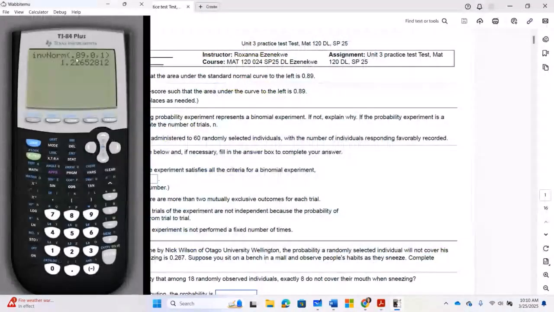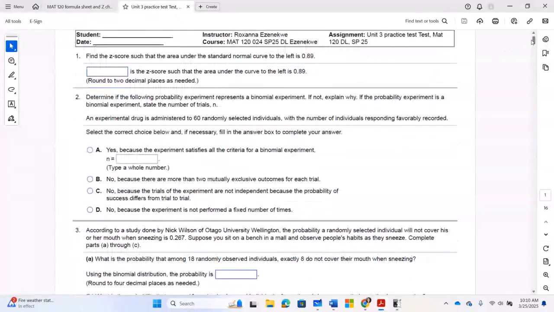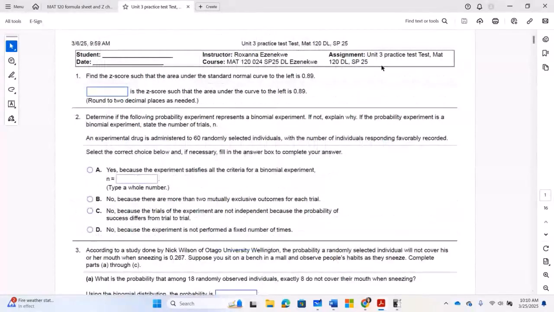You put in the number, 89, which is the same as cumulative area or area to the left, the mean of the standard normal, and the standard deviation of a standard normal. Whatever you have is the z-score corresponding to the 89th percentile. Okay, so we have answered that question. Let's go to the next question.